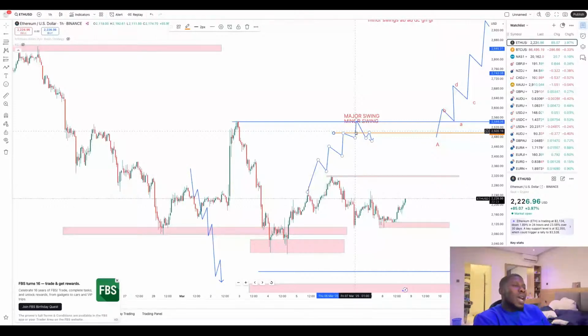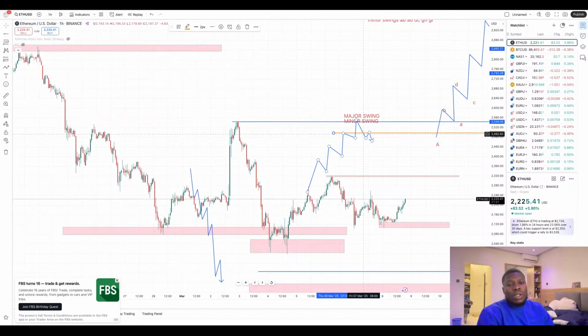So you see that the minor swing and the major swing, they work hand in hand. This cannot do without this. This cannot do without this. Your major swing is where the major reaction is occurring. Then your minor swing, when it starts changing, that means the major swing will change as well. So those are the differences.